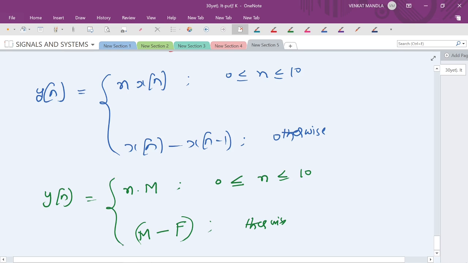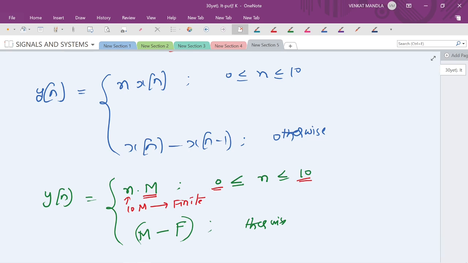But here n is multiplied by m. m is finite, but the limits for n are 0 to 10. If you substitute the maximum limit, n is 10, and 10 times m is also finite. In the previous cases, t times x(t), there was no additional constraint on limits, so we could extend up to t equal to infinity.